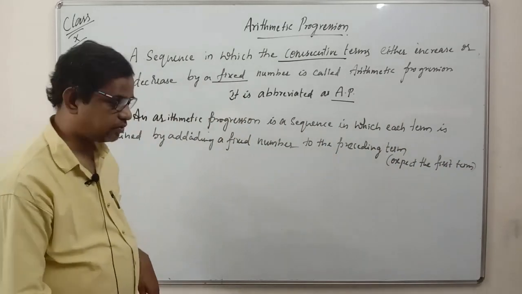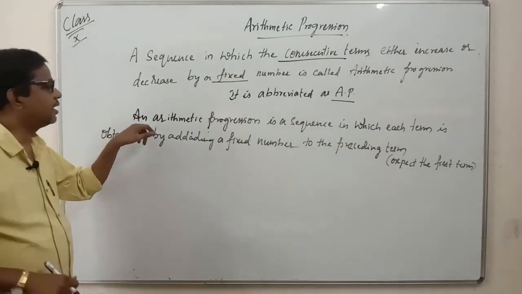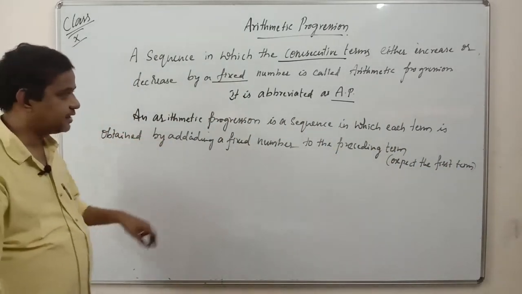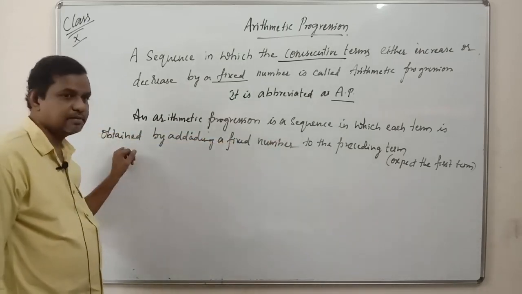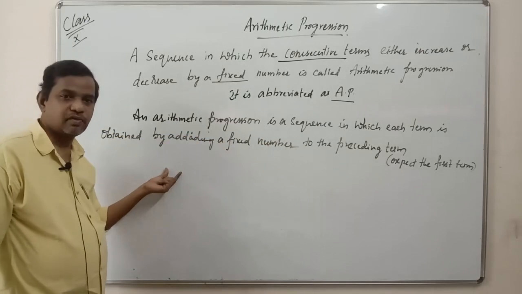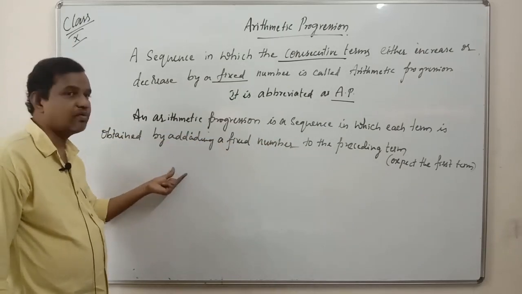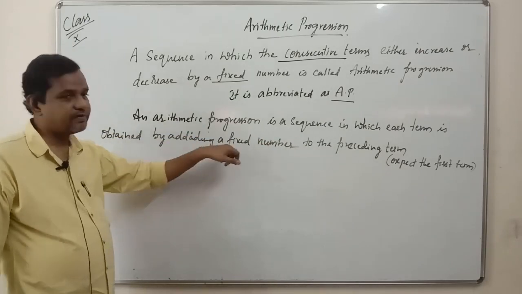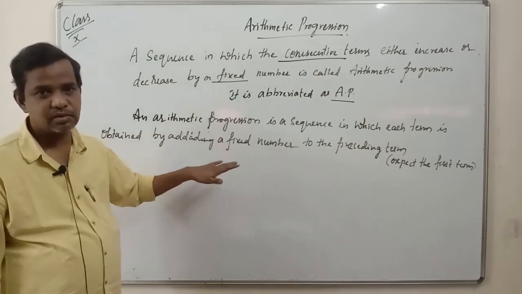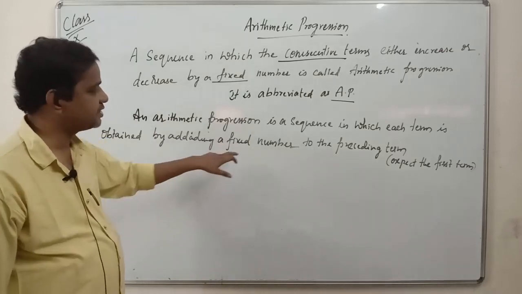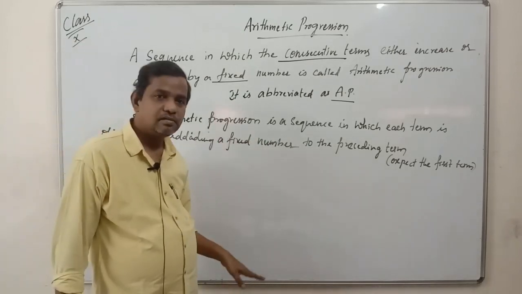See here, we have two definitions here. One is: an arithmetic progression is a sequence in which each term is obtained. Means if the first term is 1, the second term is obtained. How is it obtained? By adding a fixed number. I told you already, the fixed number may be any number. It may be 1, 2, 3, 4, whatever it is. It should be a fixed number. What? To the preceding number.